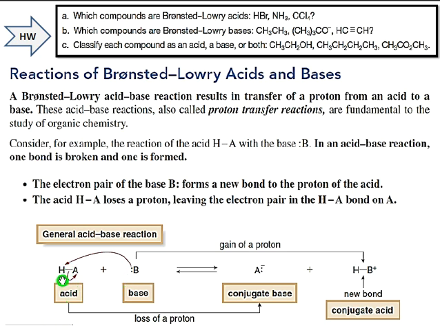Now the acid loses a proton, it will give what? The conjugate base. The base accepts a proton, it will be the conjugate acid. Now why is this the conjugate base? Because it has a lone pair of electrons and can act as a base. Why is this the conjugate acid? Because it has a proton and can act as an acid. For this reason we say conjugate acid or conjugate base.